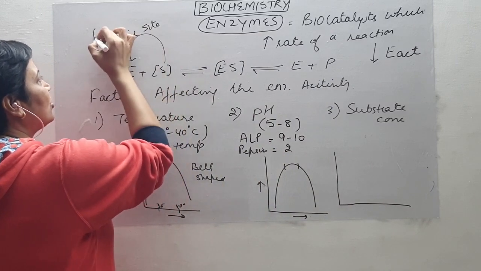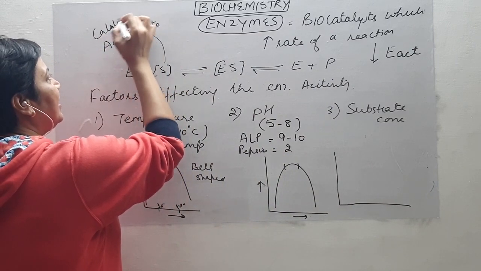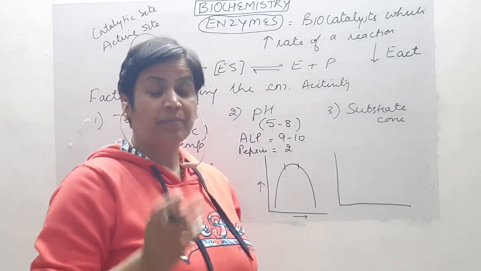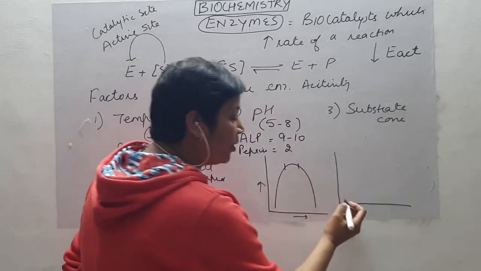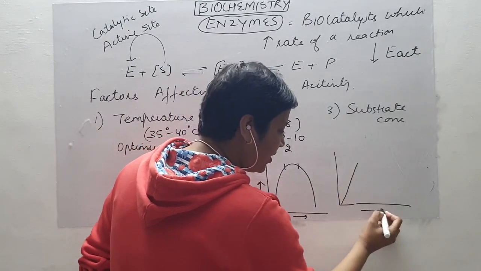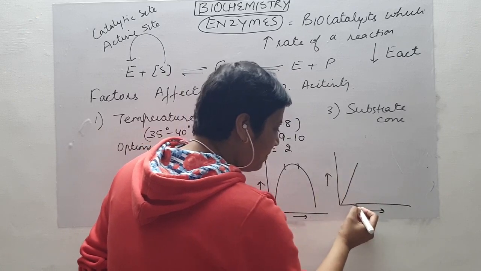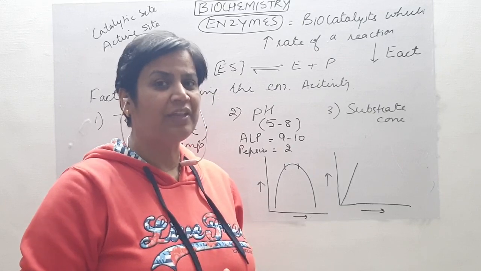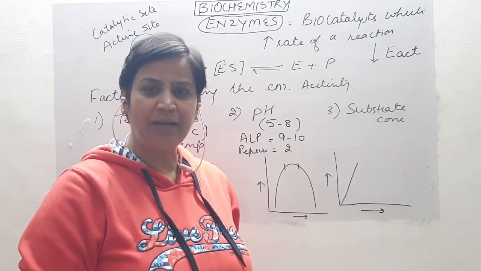Active site, or it is also known as the catalytic site. So what happens is, more the active site of the enzyme, more will be the reaction of the substrate. But a stage will come when all the active sites of the enzyme will be occupied by the substrate.